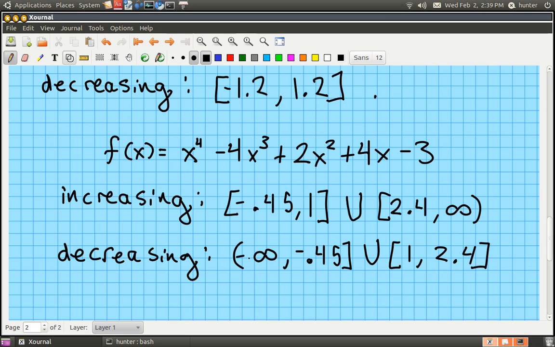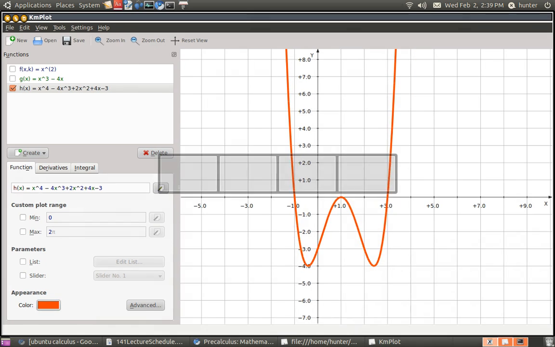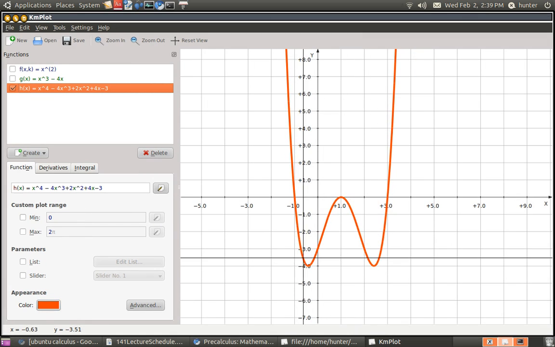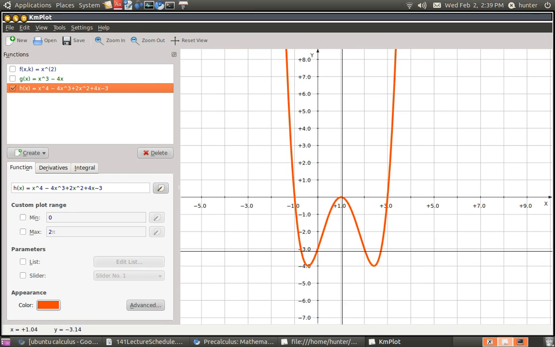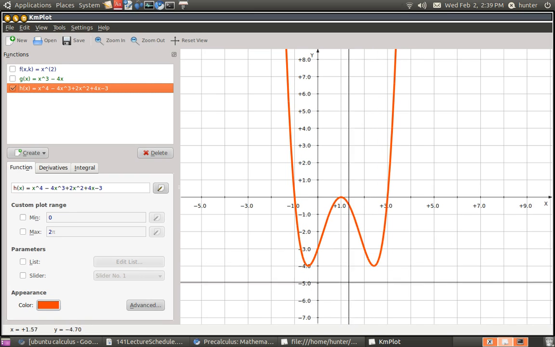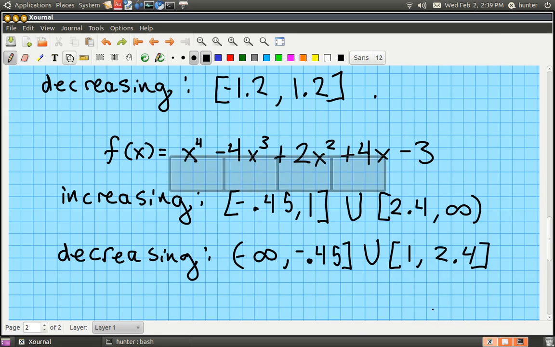Okay, and that's all. Let's go back and look at the picture here. So I said it was decreasing from negative infinity to negative 0.45, and also it's decreasing from 1 to 2.4.